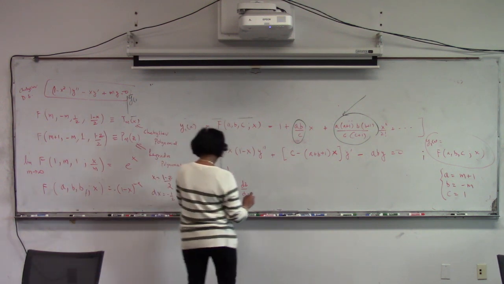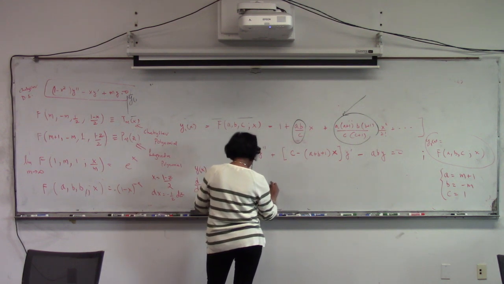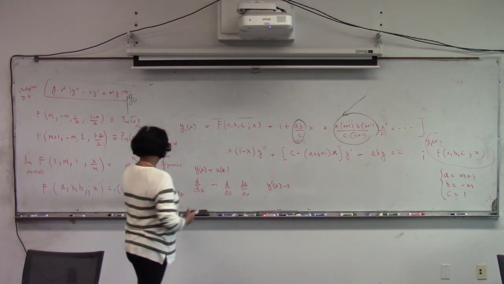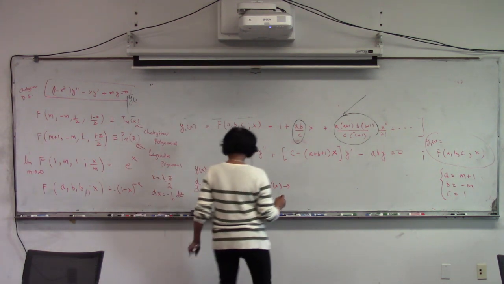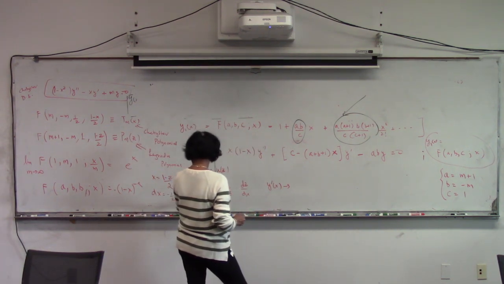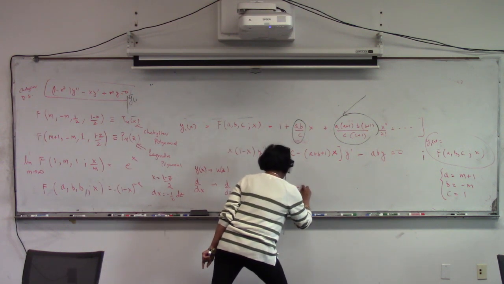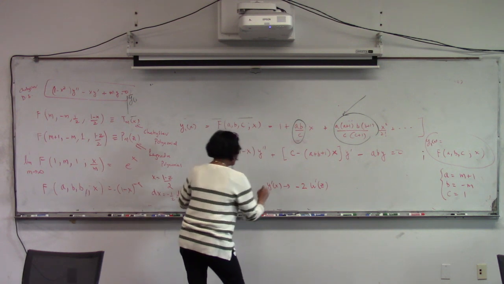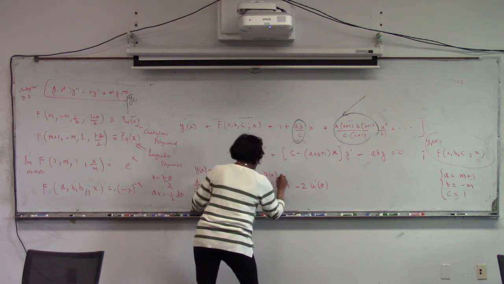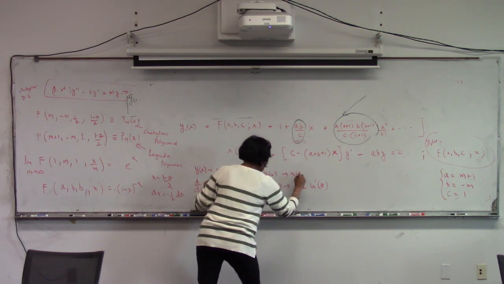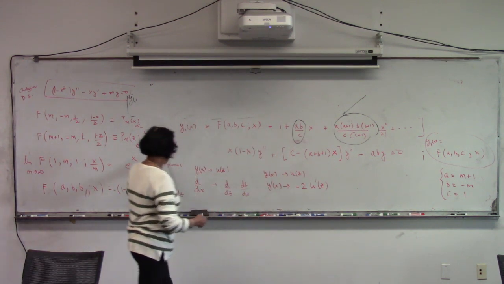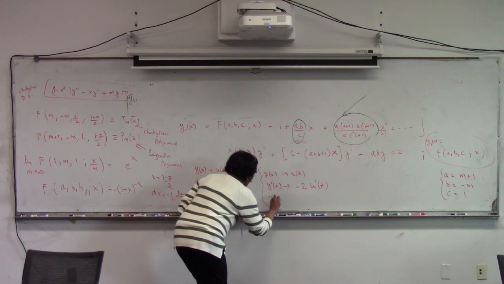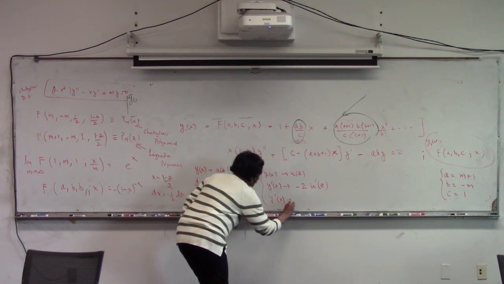So y prime of x transforms to negative dz over dx, which is negative 2, so negative 2 times u prime of z. This is a straight map: y of x, whatever it is, you substitute by u of z directly. Y prime of x maps to that, and y double prime of x maps to what?